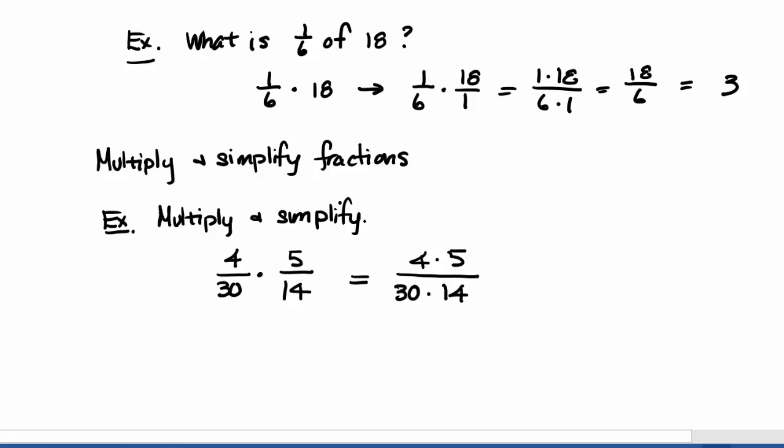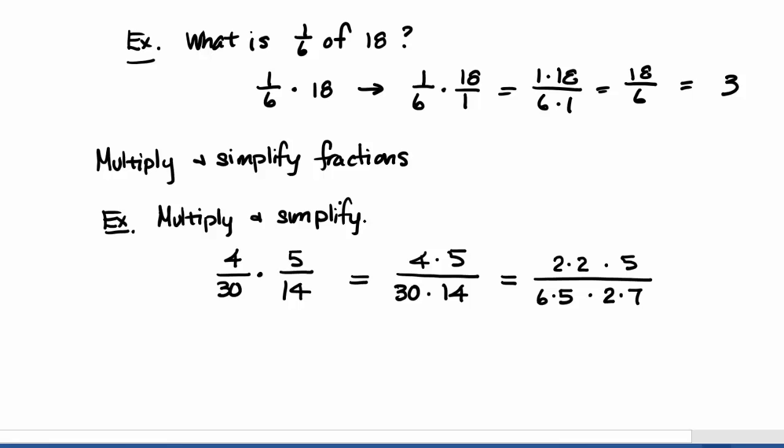Okay, but now if we start looking for common factors in the numerator and denominator, you'll see that there are certain things that we could cancel out and make our multiplication process a little bit easier. So let me rewrite 4 as 2 times 2, right? And then I have 5 out here. And let me break down 30 into 6 times 5, and 14 into 2 times 7.